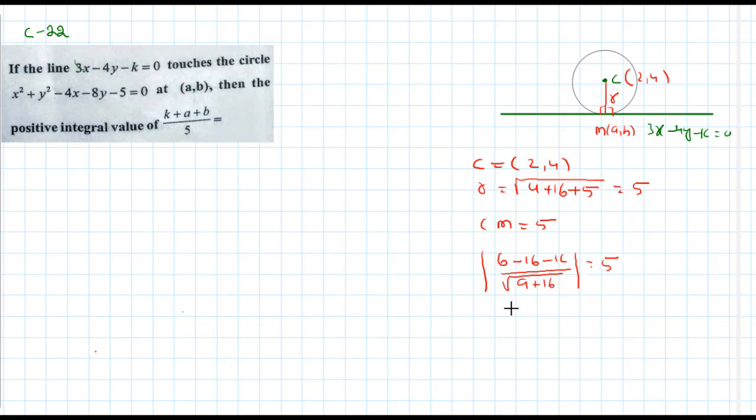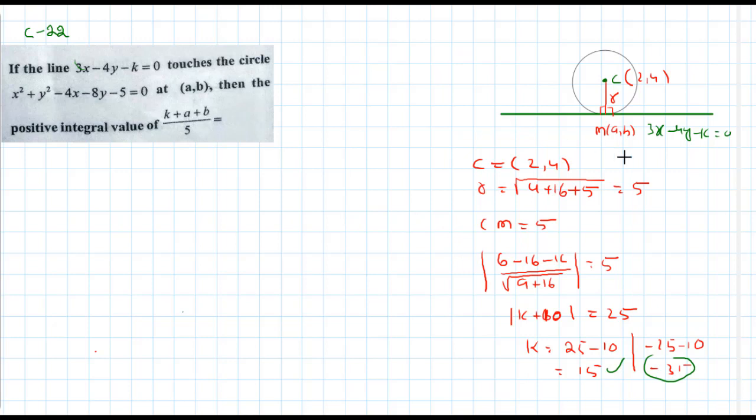Or I can say modulus of k plus 10 equal to 5 into 5, that is 25. Here you will get 2 values of k. One k equals 25 minus 10, that is 15, or minus 25 minus 10, that is minus 35. Another one is 15. Next, we want to find a and b values.